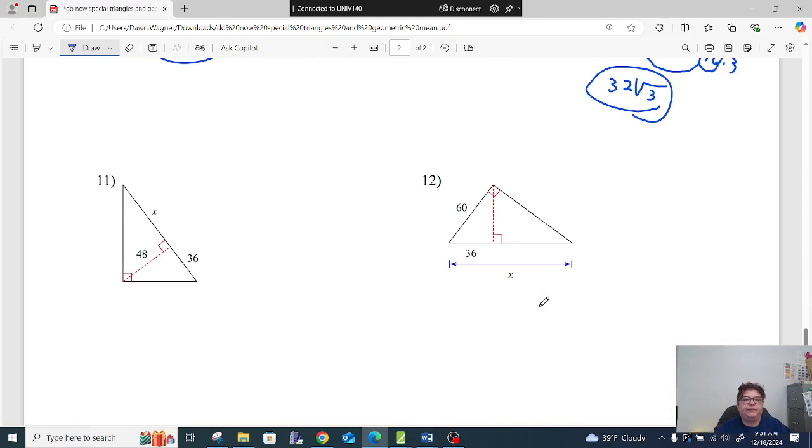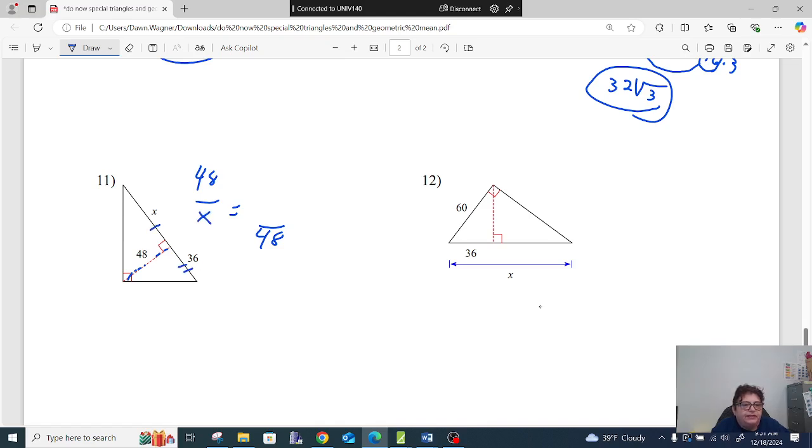So here for number 11, which one's your geometric mean? Your geometric mean is 48. So in this case, you're going to put 48 up, 48 down, and you use the two pieces because it's in the middle.